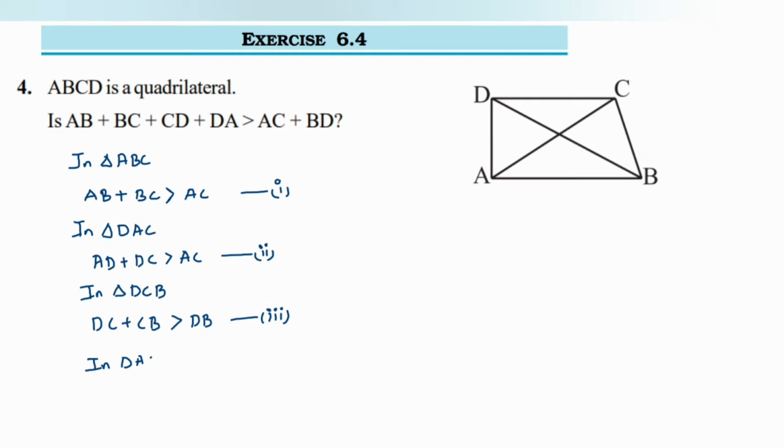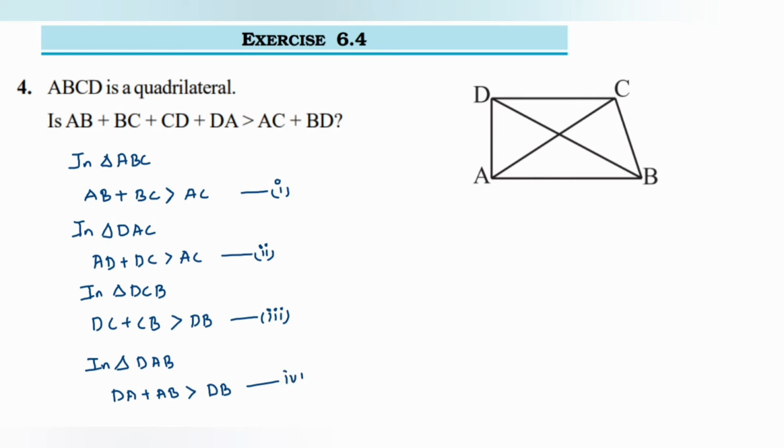In triangle DAB, we can write DA plus AB is greater than DB, and this is our fourth equation.